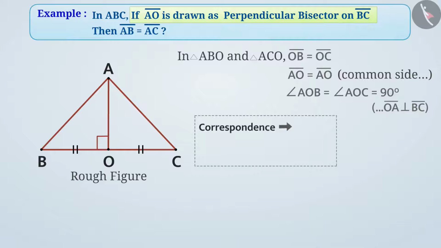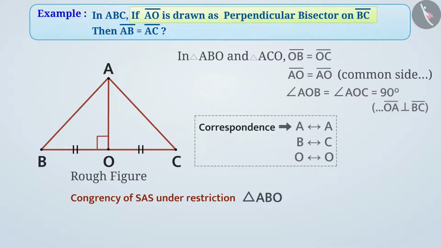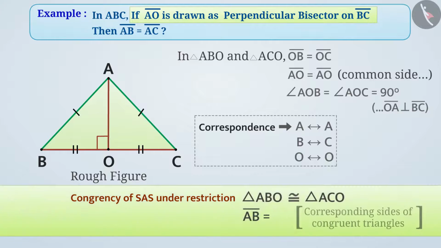By this, we can conclude them corresponding. So by SAS criteria, triangle ABO is congruent to triangle ACO. Corresponding sides of congruent triangles are also congruent, so AB is equal to AC.